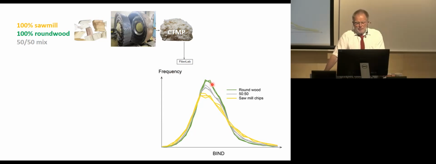It's so much more important what we feed to the refiner than how we operate it. And you can see the bond distribution here differs, and it corresponds to what we have been seeing in the mill. So the raw material, again, pay attention to that and look how it really is.